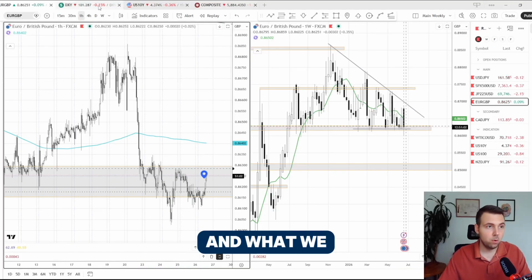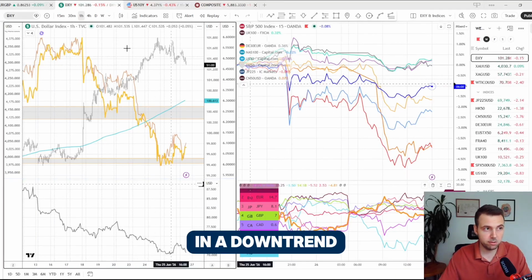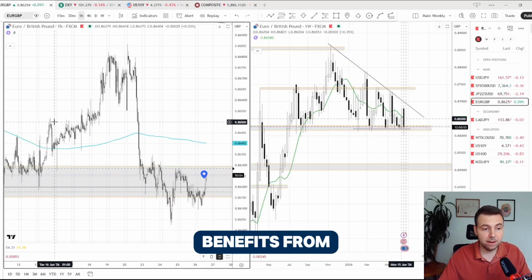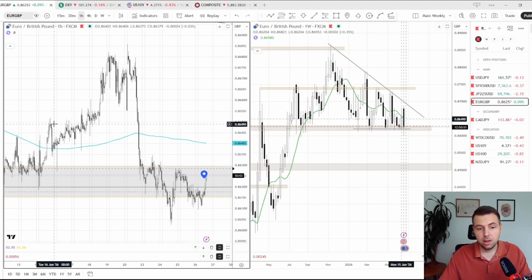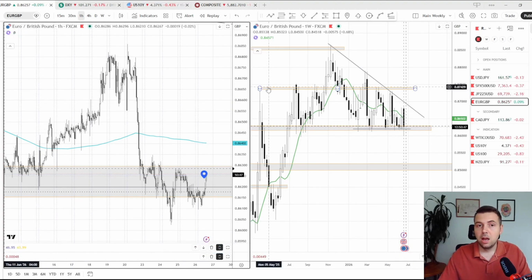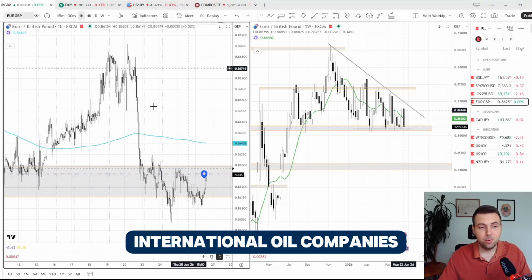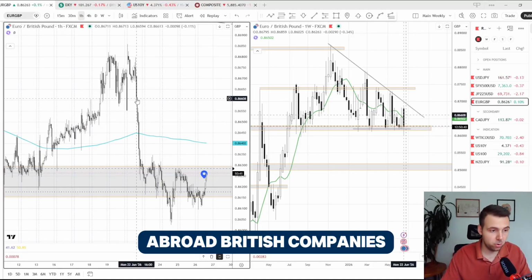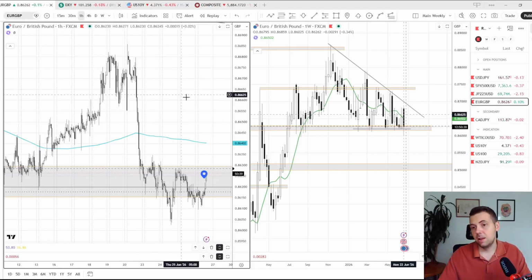Another reason is simply because Europe is more exposed to oil, and it benefits from cheap oil prices. And what we are seeing here is oil is in a downtrend, right? And the UK benefits from higher oil prices because there are a lot of international oil companies that earn from abroad, British companies.